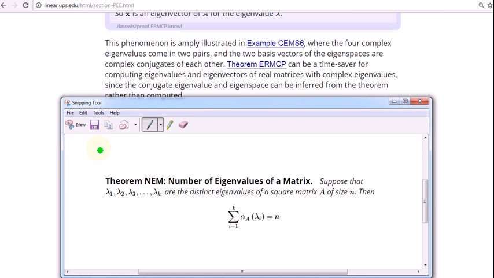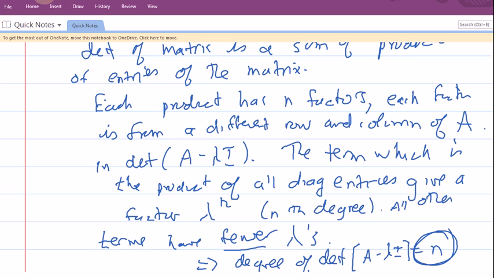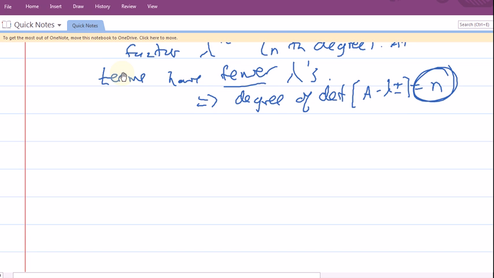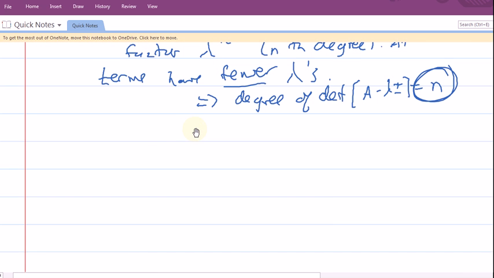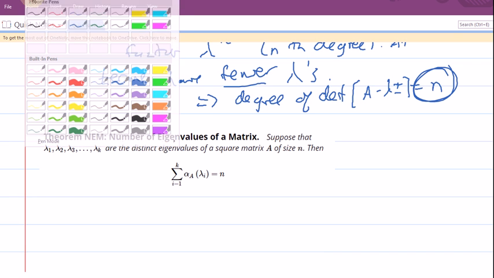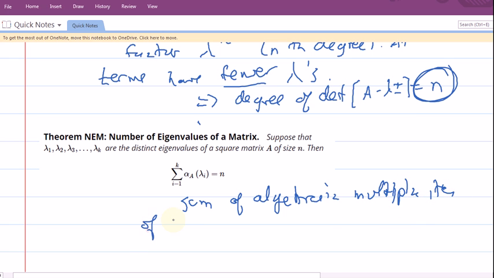What he's saying here is that the sum of algebraic multiplicities of the eigenvalues is n.